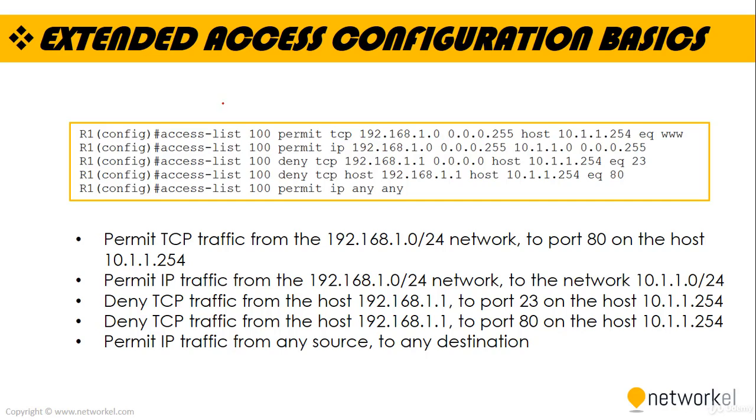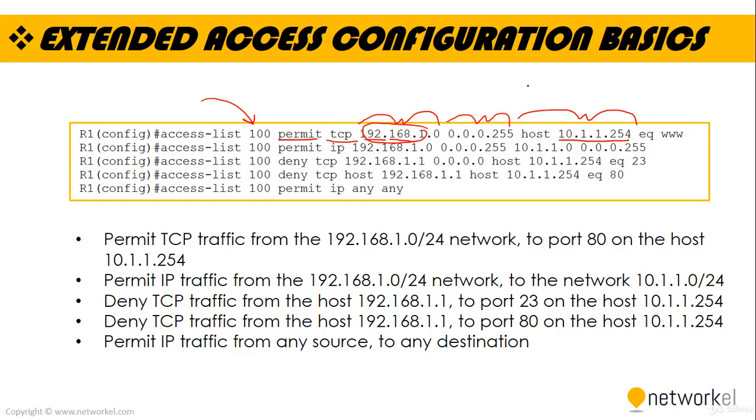In the first statement, access list 100 is permitting the TCP traffic coming from this network by this wildcard, which means everything beginning with these three portions, and we are permitting this traffic while it's going through this host directly.